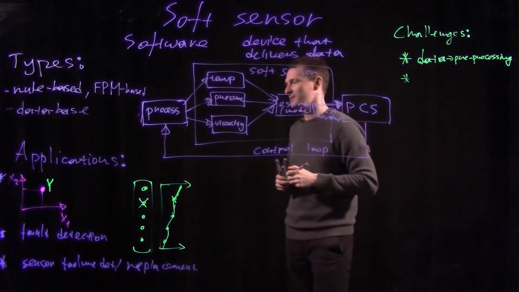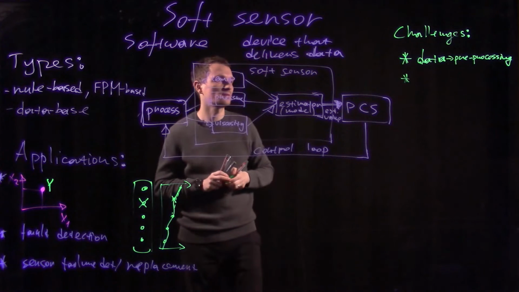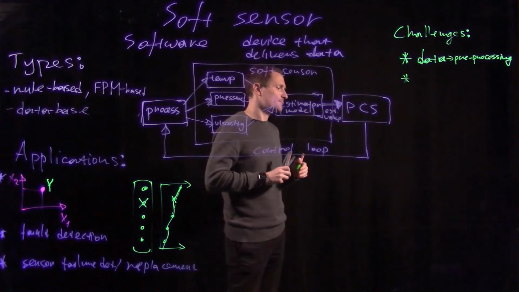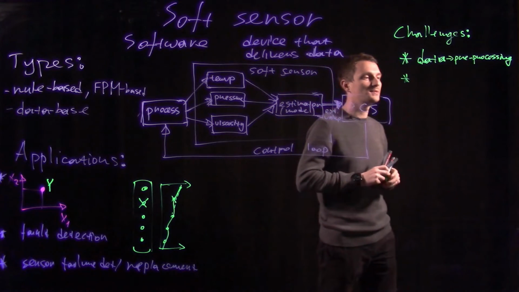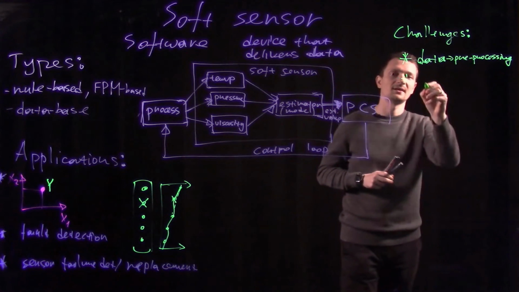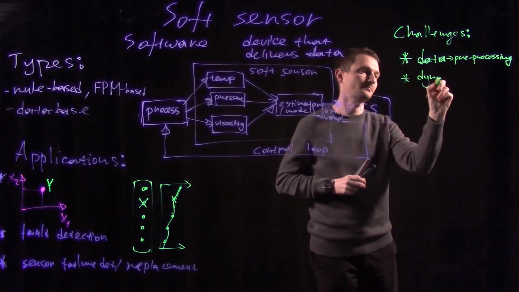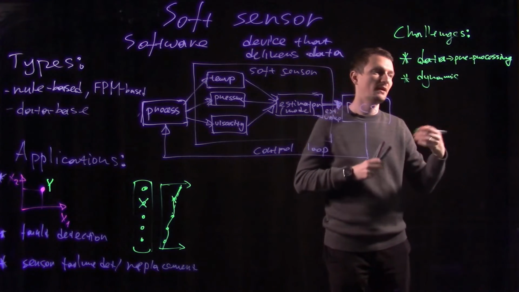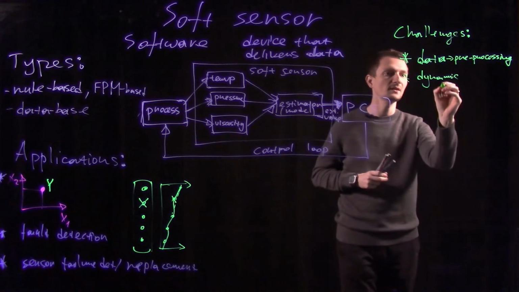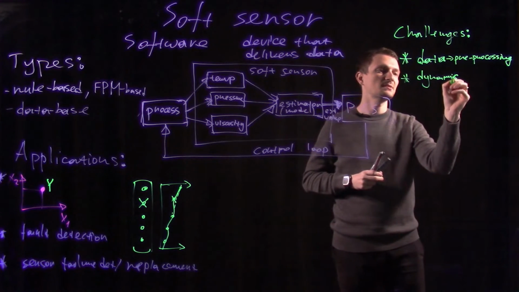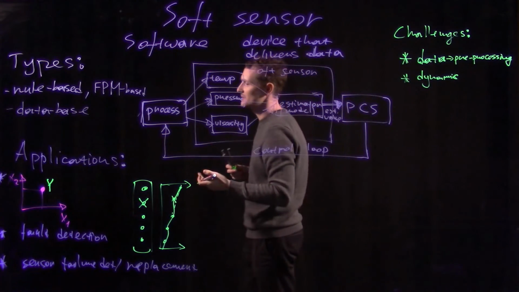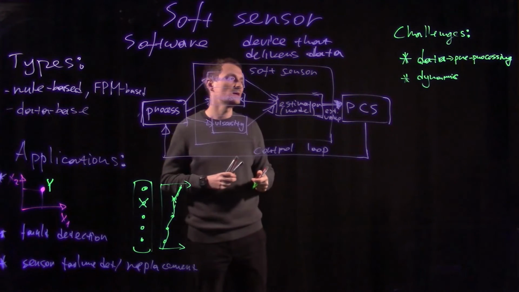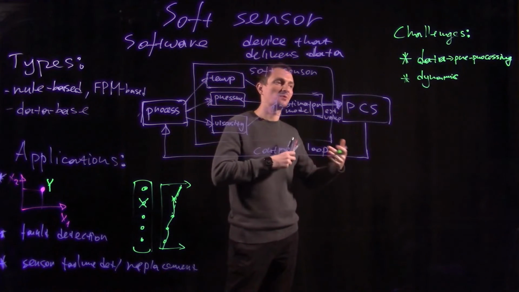Another challenge we have is our processes. I mean, processes in the chemical industry mostly, they are very dynamic. That means we have dynamic data. And this dynamic is not only about, for example, when you go from one state to another state, but it's also dynamic in the process itself.